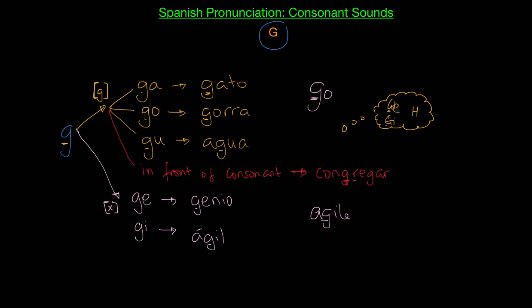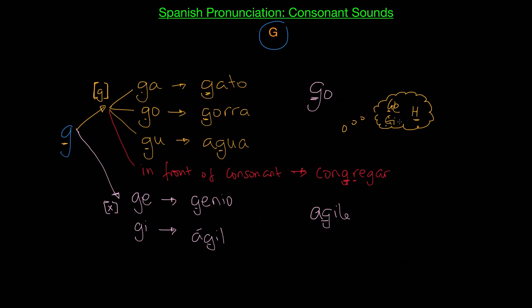So if you find it difficult to pronounce a strong ch, don't worry, it's not the end of your Spanish. Just do an h. If you say genio and ágil, it's not the end of the world at all. I will continue to do mine as genio and ágil because I'm from Barcelona and that's how I do them. But if you can't, just do them as h and you'll be fine.